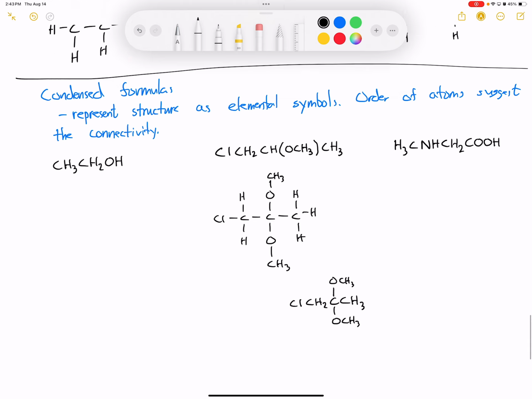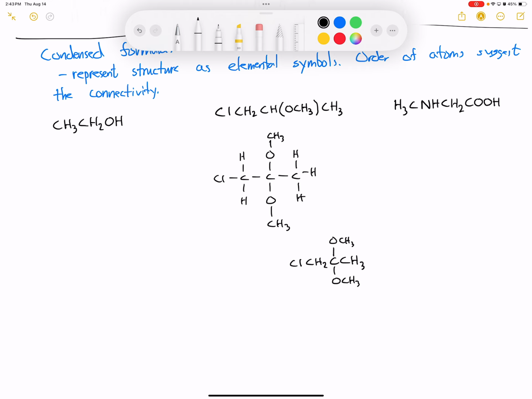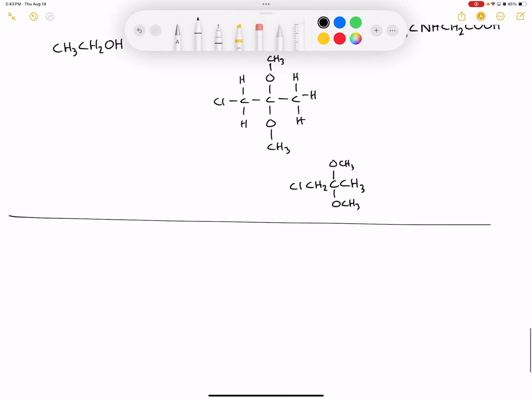All right. So let's wrap things up here with bond line. You might know this structure drawing as skeletal structures. You guys remember that?